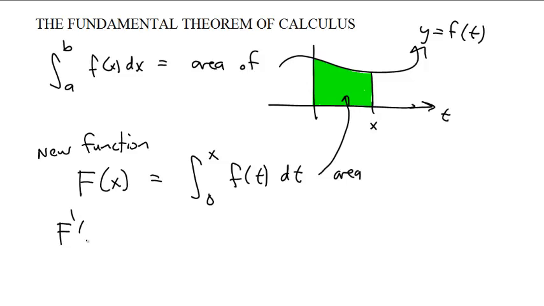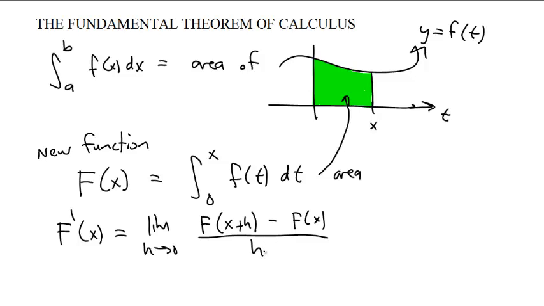The derivative, everybody knows that the derivative is the limit as h approaches 0 of the function f of x plus h minus the function all over h. And if you don't know that, your Calculus 1 teacher sucked. Anyway, what is this? Well, what is F of x plus h?